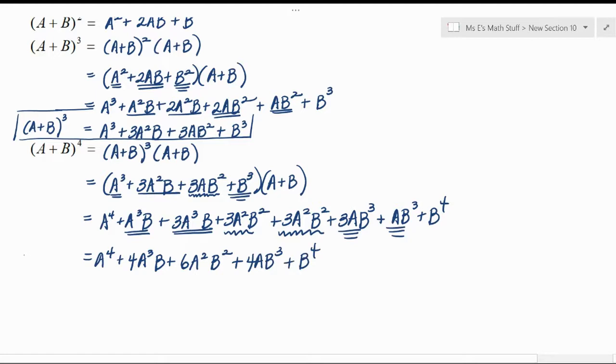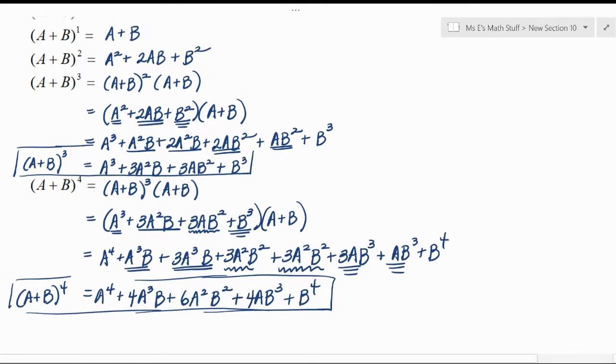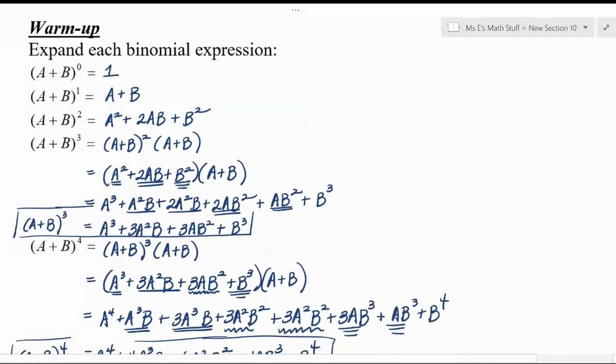All right, and I'm going to bring my prompt down. And that's what we would get for (a+b) to the fourth power. Good, super fun. Okay, so hopefully you were able to get each of those expanded. I'm going to go back and maybe put boxes around all of the final answers just to be consistent. All right, so that's how you do that.